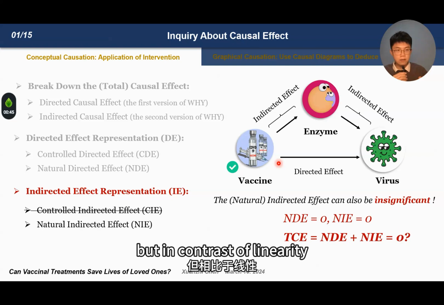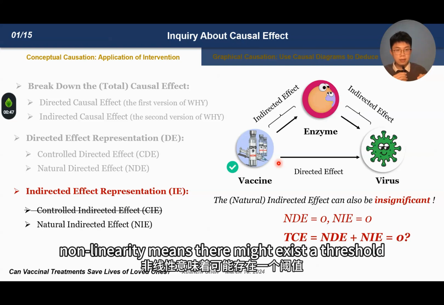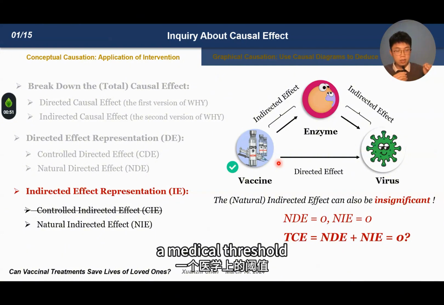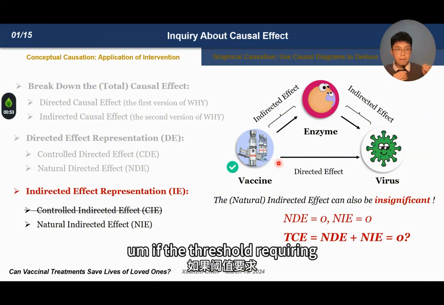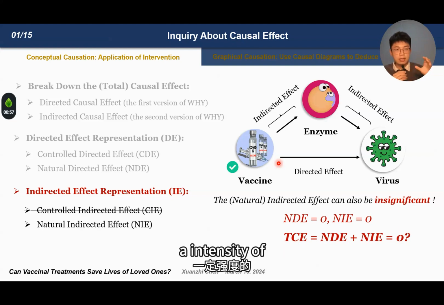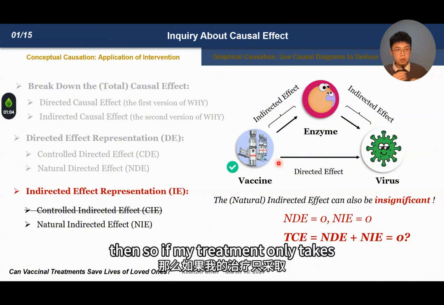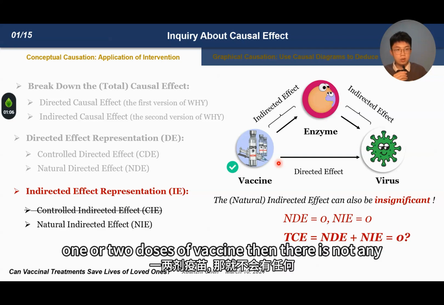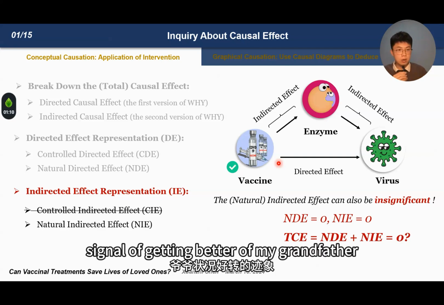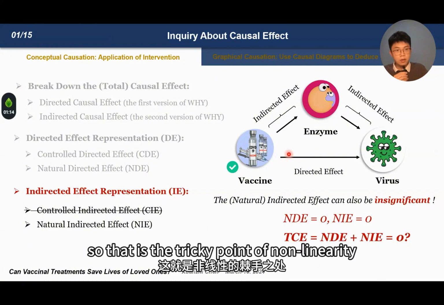But in contrast to linearity, nonlinearity means there might exist a threshold, a medical threshold. That is, if the threshold requires an intensity of maybe three doses of vaccine, then if my grandfather only takes one or two doses of vaccine, there is no signal of getting better. So that is the tricky point of nonlinearity.